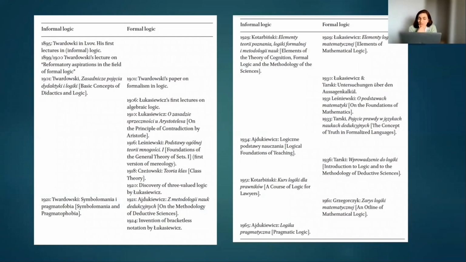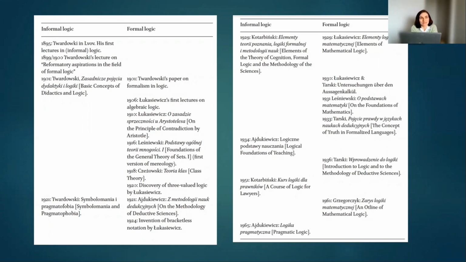Now, new members of this logical branch appeared. Tadeusz Czeżowski in 1918 wrote his PhD about class theory, and in 1920, Jan Łukasiewicz discovered his many-valued logic. It was for sure formal logic. But in 1921, Twardowski wrote a very influential paper, Symbolomania and Pragmatophobia. What does it mean?